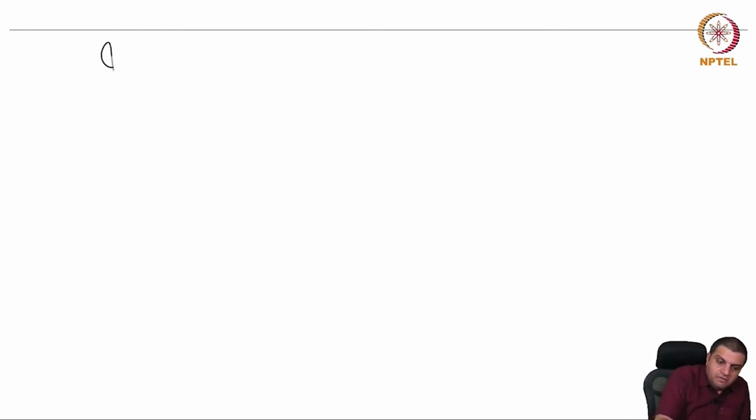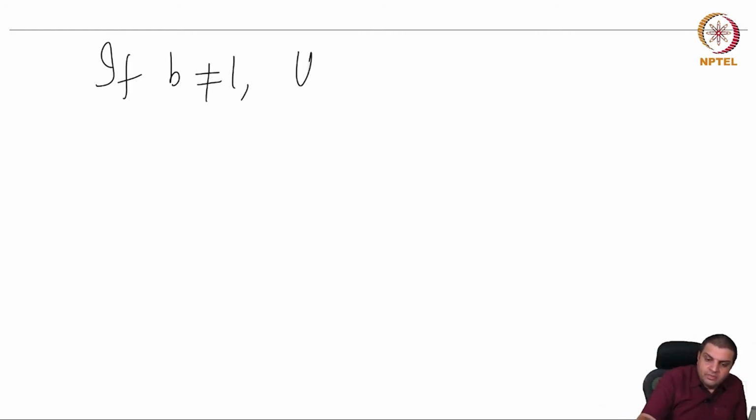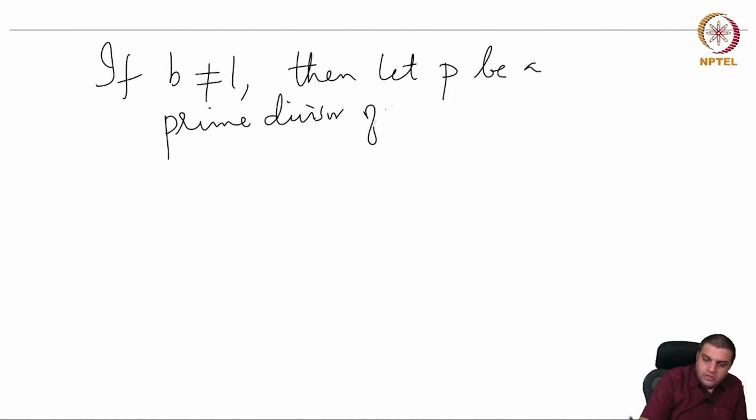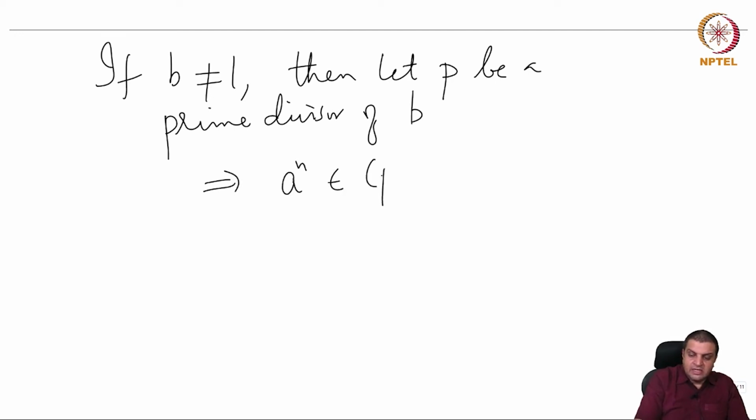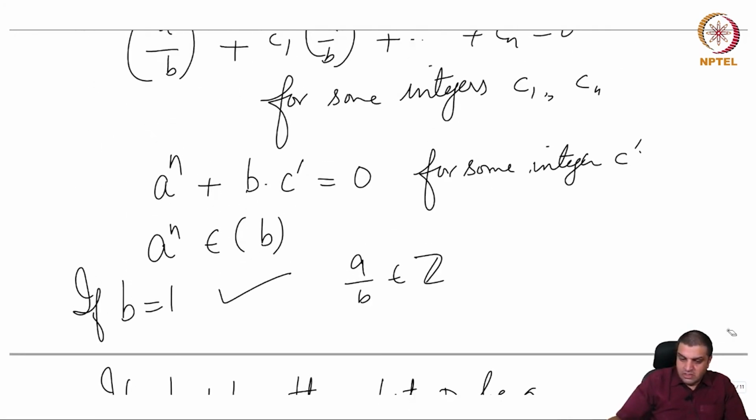If b is not equal to 1, let p be a prime divisor of b, a prime number dividing b. Then this says that a to the n is in the ideal generated by p, because it's inside b and p is a maximal ideal containing b.